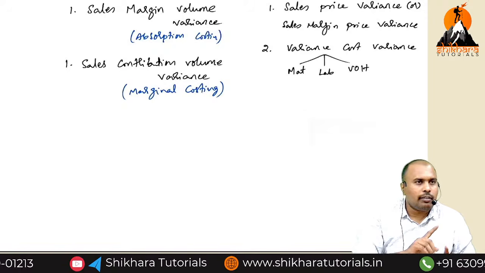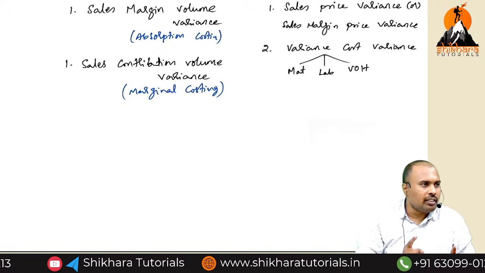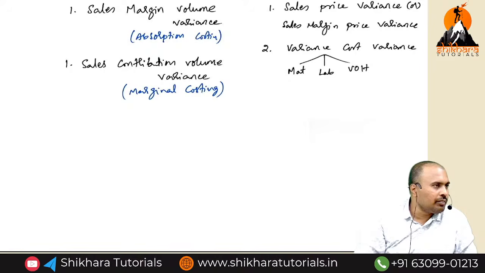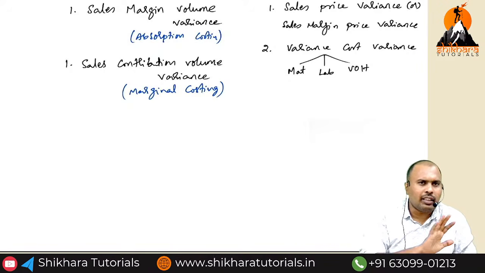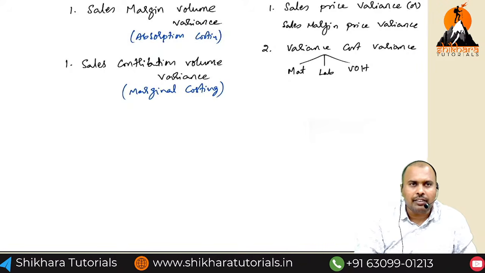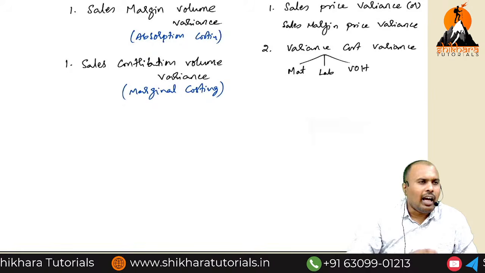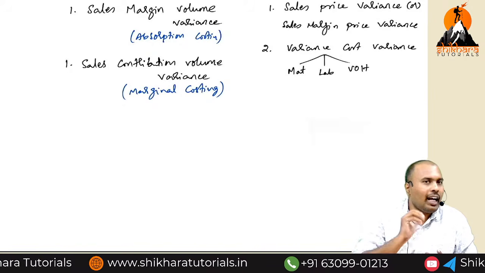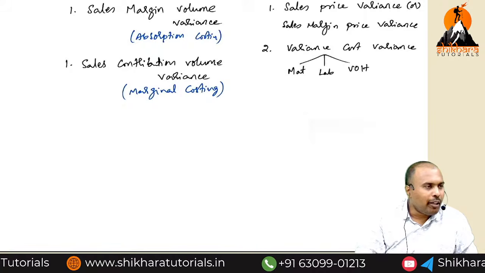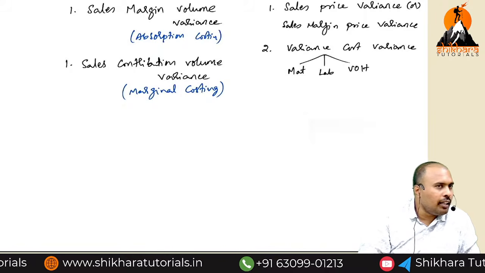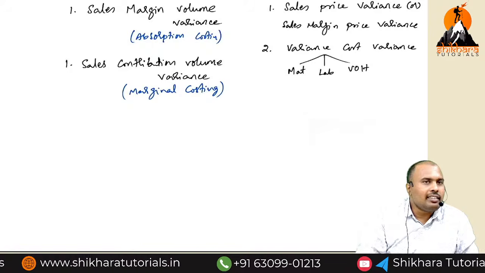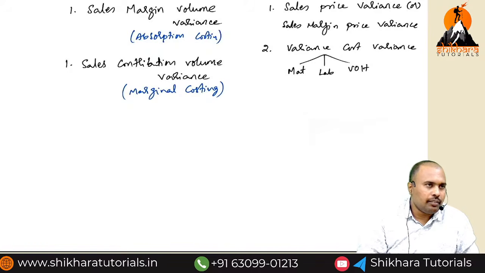If you have information to calculate price variance and usage variance, it means we have information for cost variance also, but do not calculate cost variance. Instead, calculate price variance and usage variance. Do as much segregation as you can, because the purpose of a reconciliation statement is to know the reasons why there is a difference in profits.